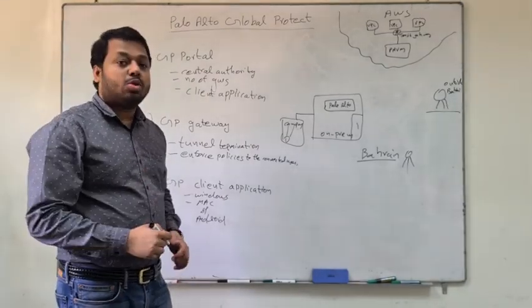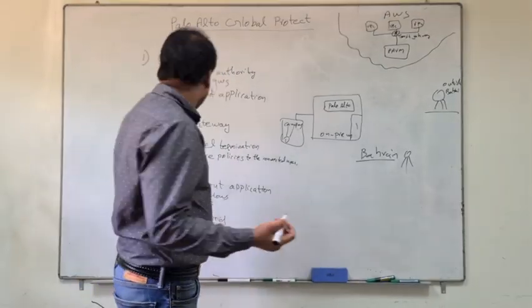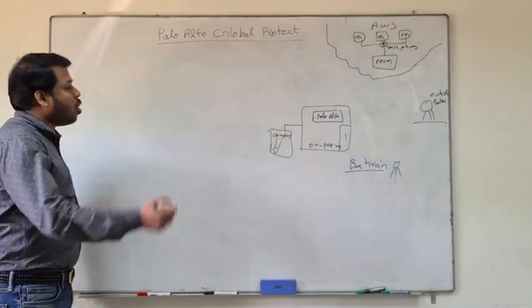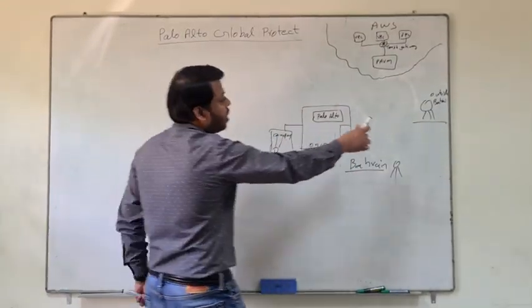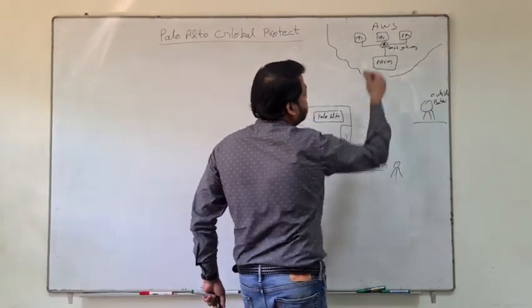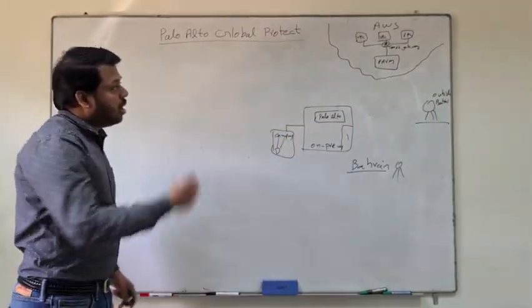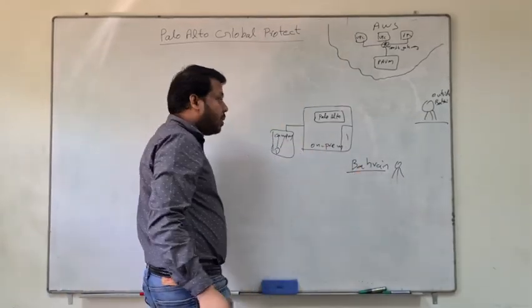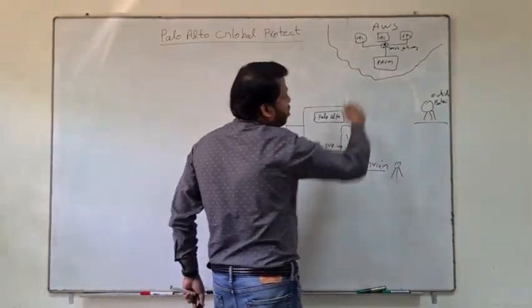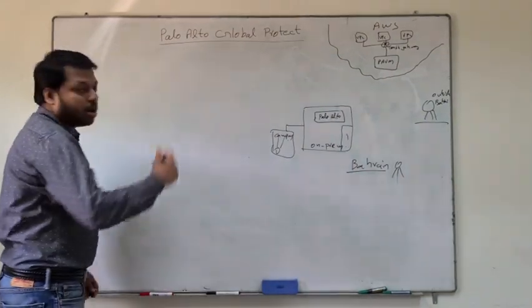So how did we provide the solution? What we proposed, for the first requirement, was that local users, the Bahrain users, should connect to the Bahrain Palo Alto, and outside Bahrain users connect to the AWS Palo Alto, because these users' resources are mostly in the on-prem data center and these resources are mostly on the AWS cloud.